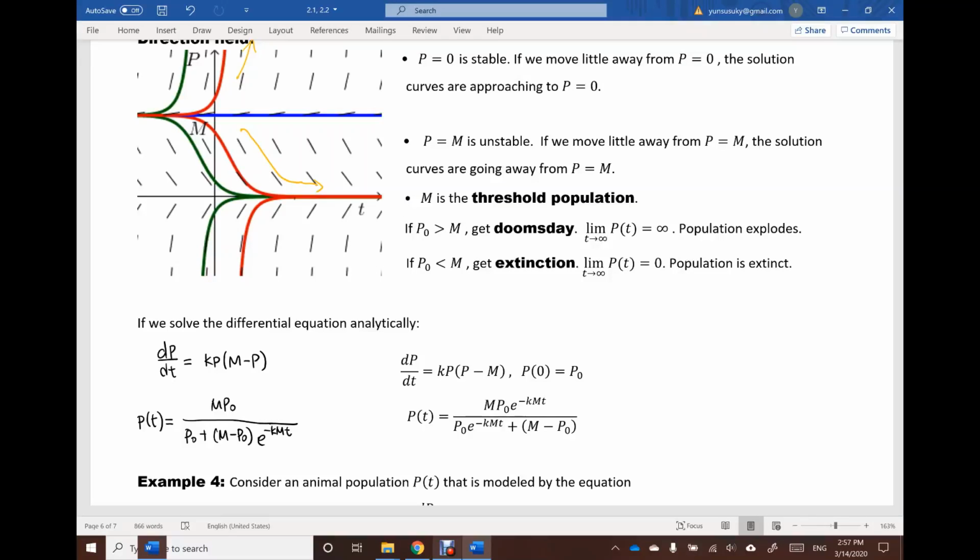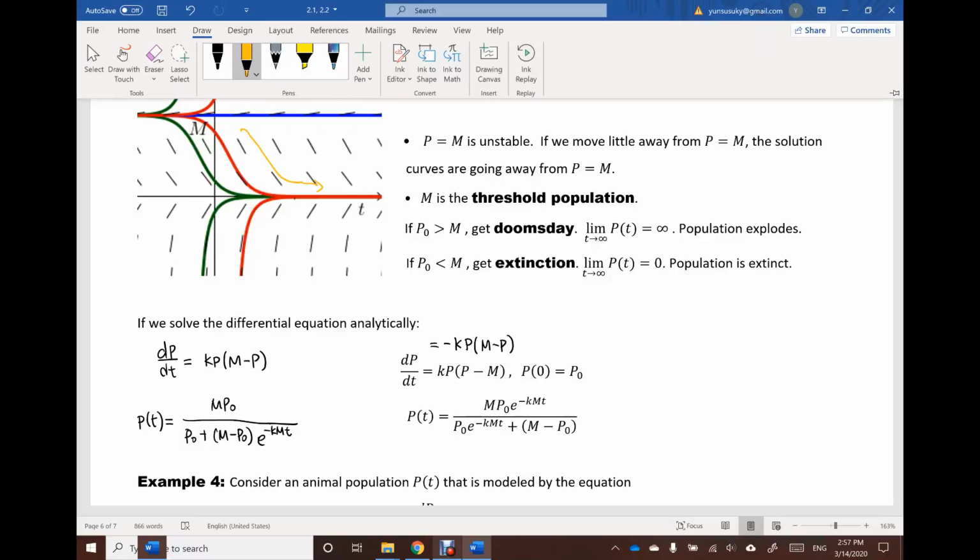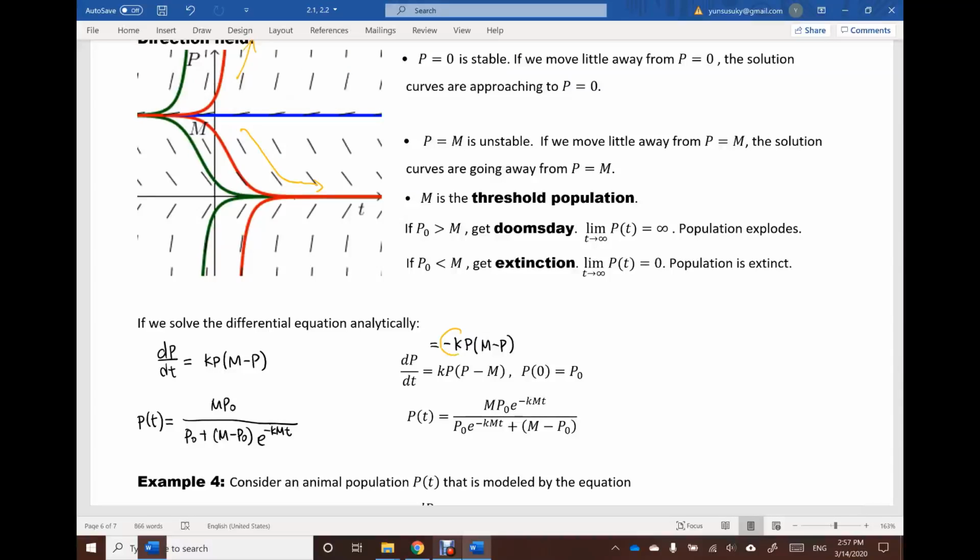Now let's look at our threshold model. We have P minus M, but when I factor out the negative sign, I get kP times (M minus P). They're very similar to the logistic model, except now instead of k, I have minus k. So when you see k in the logistic formula, you just replace k by minus k.